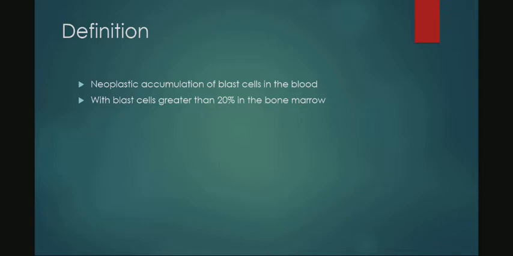Hematopoiesis begins with the hematopoietic stem cell, which is a pluripotent stem cell within the bone marrow. This pluripotent stem cell, which we are calling the hematopoietic stem cell, is a CD34 positive stem cell.